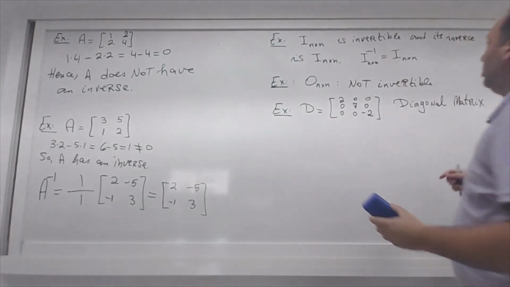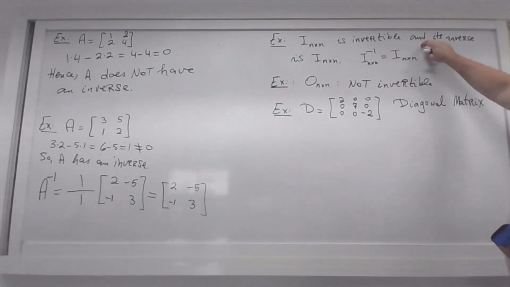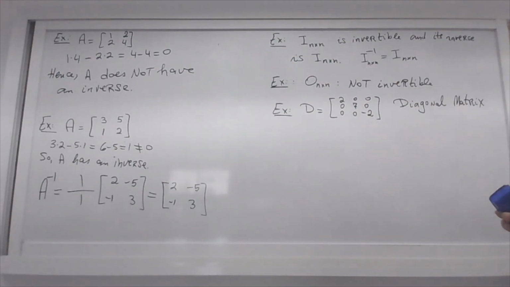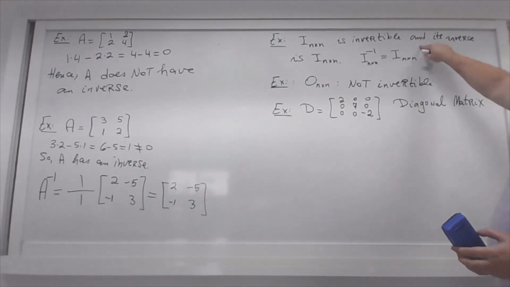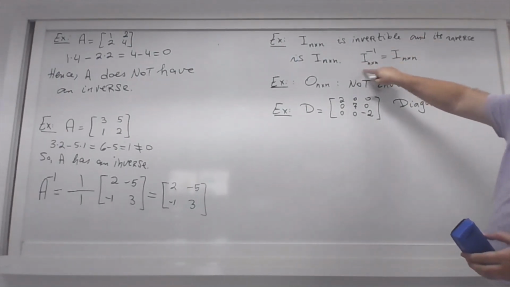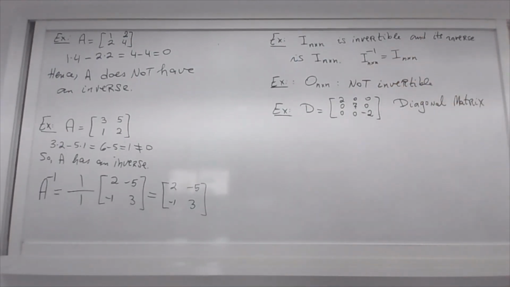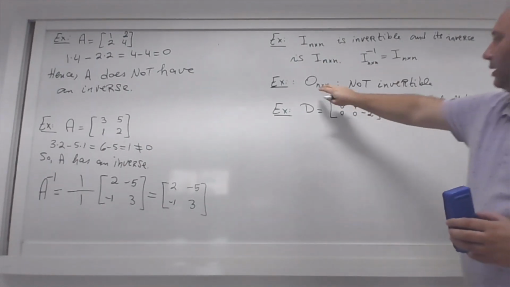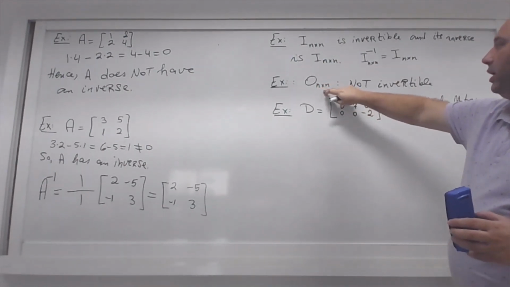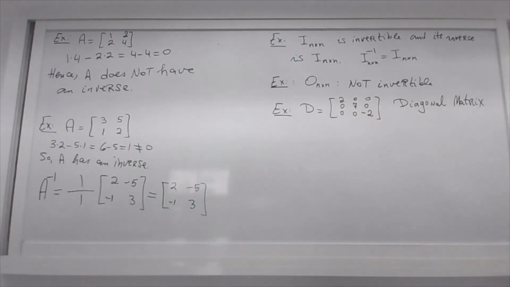Important thing to notice is an easy case. All identity matrices, 1 by 1, 2 by 2, 3 by 3, 7 by 7, 1 million by 1 million, they are all invertible. And the inverse of an identity matrix is the identity matrix itself. That's great, beautiful. And all the square 0 matrices, the matrix full of zeros inside, well, they are not invertible, obviously.